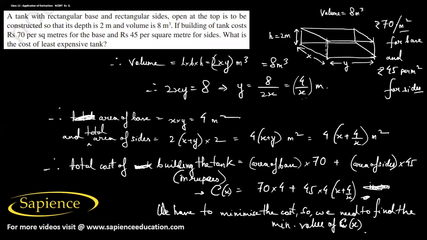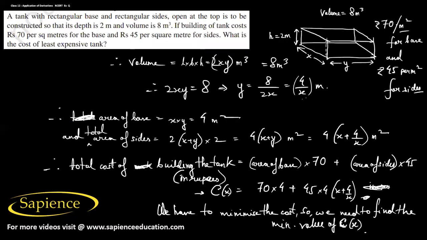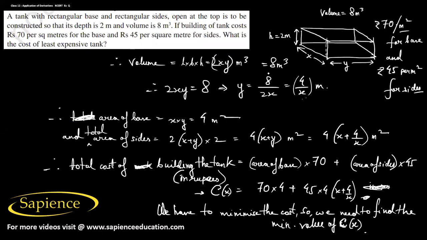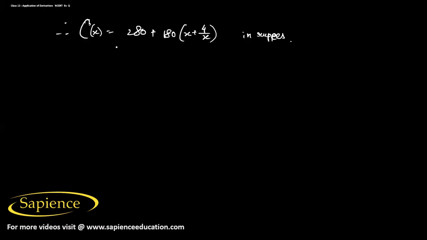Now c of x is equal to 70 into 4, that is 280, plus 45 into 4, that is 180, into x plus 4 by x, this much in rupees. So now this should be minimized.